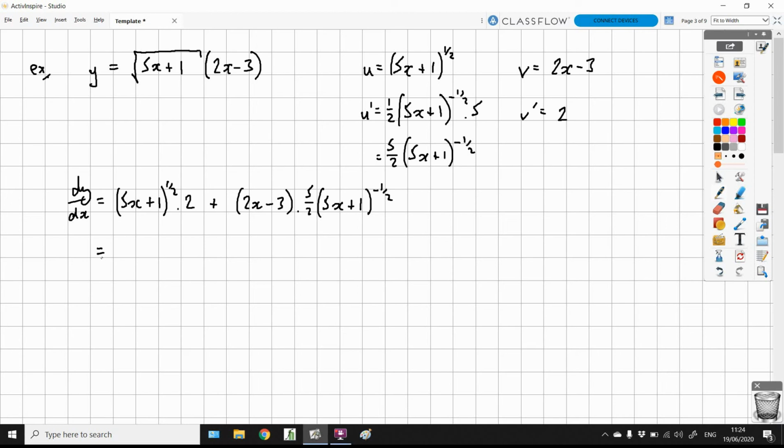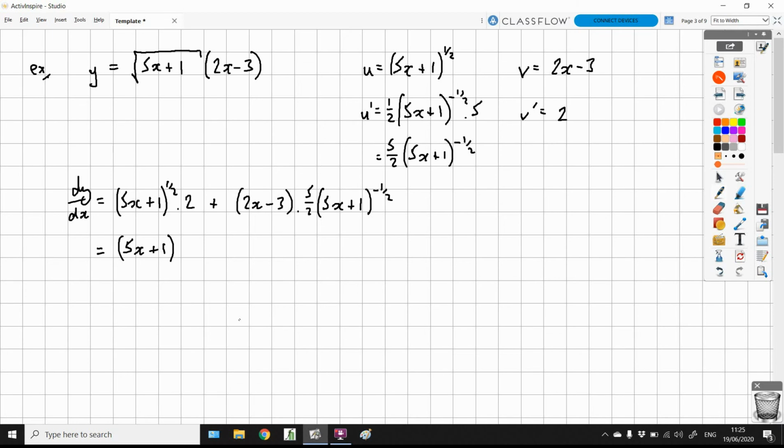Now, common factors. It's not completely obvious, but you can see that both of these two terms do contain 5x plus 1 to some kind of power. Let's start there. Let's remove 5x plus 1 to the power of something as a common factor. The question is, what power is the best to use?